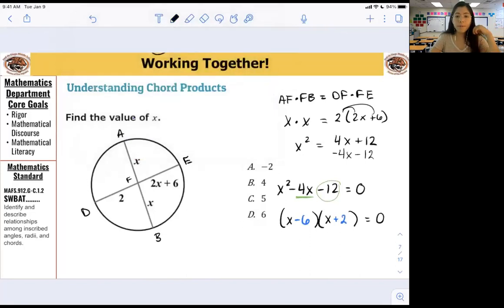And since those are my factors, what are my solutions? Remember, when it's in factored form, what are the solutions going to be?